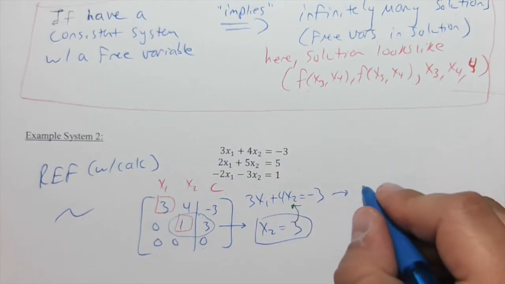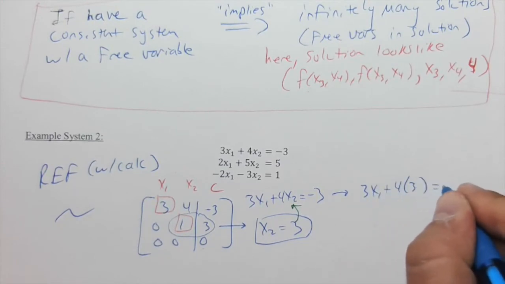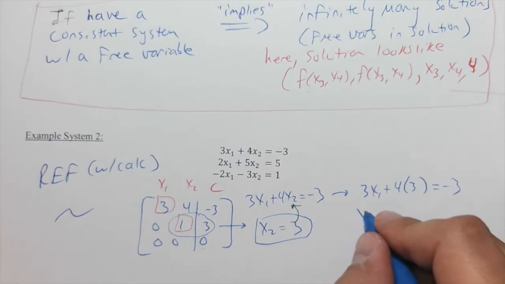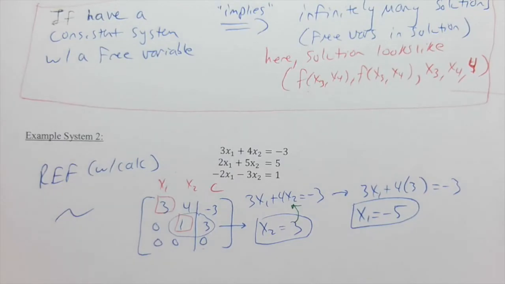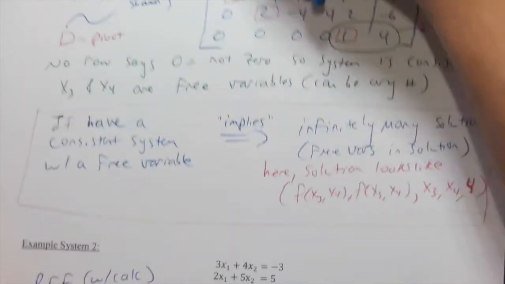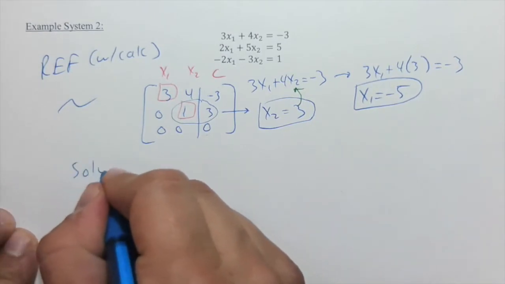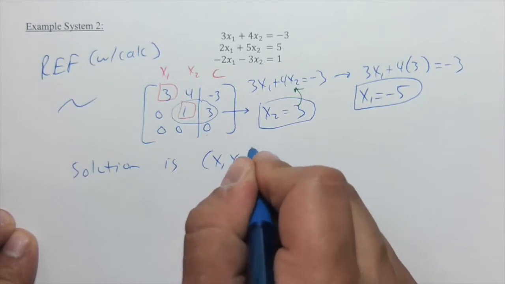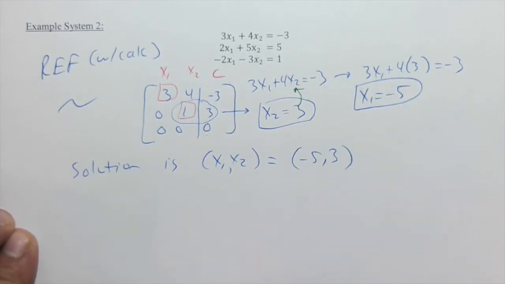So what we really have is 3x1 plus 4 times 3 equals minus 3. Now you can get x1 by itself pretty easily and find out that x1 is negative 5. So we have a unique solution here. Our solution in this particular case is x1, x2 equals minus 5, comma 3.